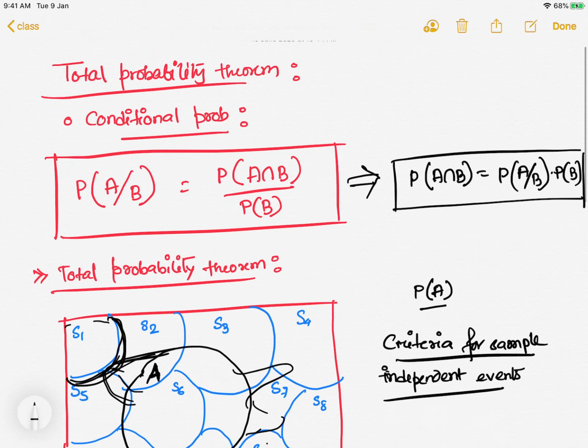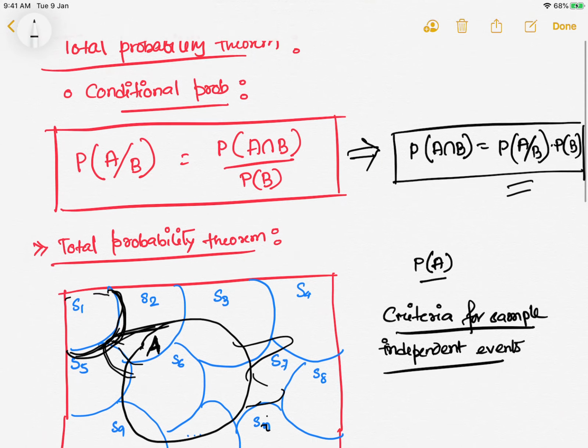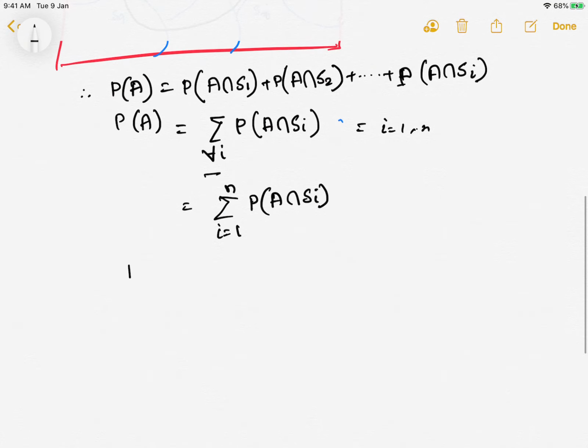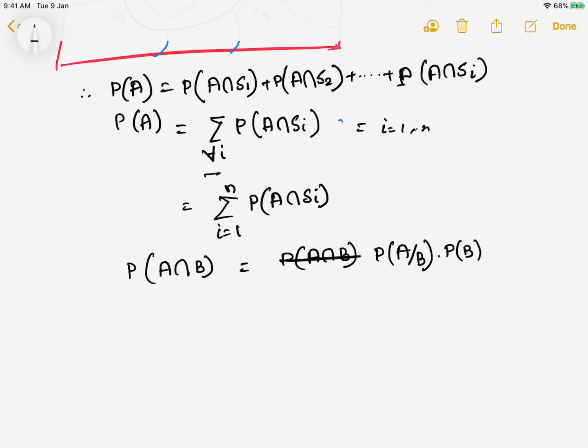But from conditional probability we can see that probability of A intersection B is equal to probability of A given that B has occurred times probability of B. So we can put it here: the summation of P of A given Bi times probability of Bi, with i equal to 1 to n.